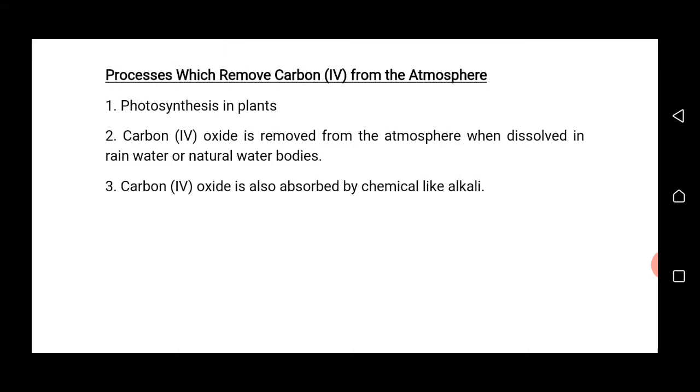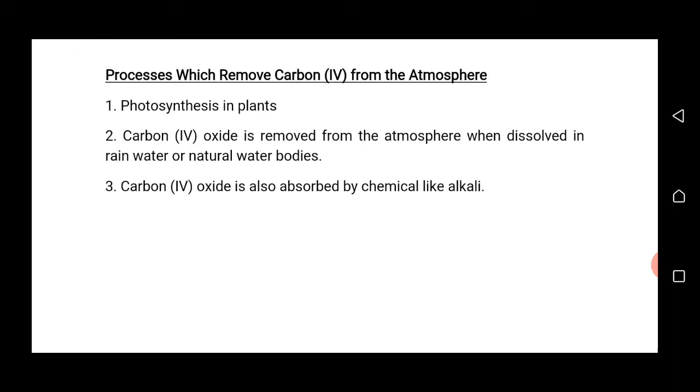Processes which remove carbon dioxide from the atmosphere. Number 1, photosynthesis in plants. Photosynthesis is the process by which green plants manufacture their food through light and CO2.